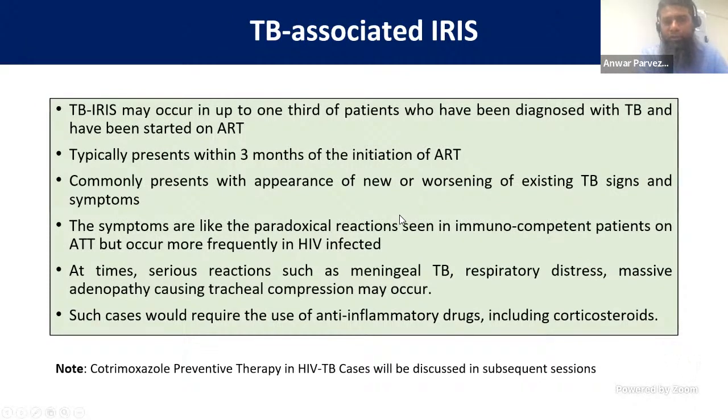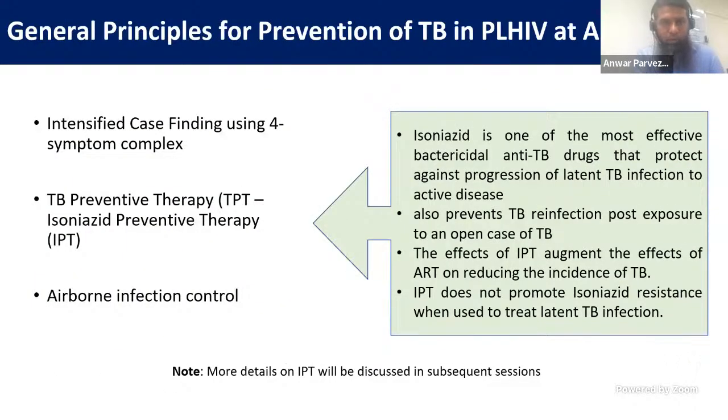We have to be vigilant about immune reconstitution syndrome in all patients who are started on ATT along with ART. So these are the principles we need to follow. Airborne infection control prevention practices at the ART center, start INH prophylaxis in whoever is eligible, and do symptom screening in all patients.